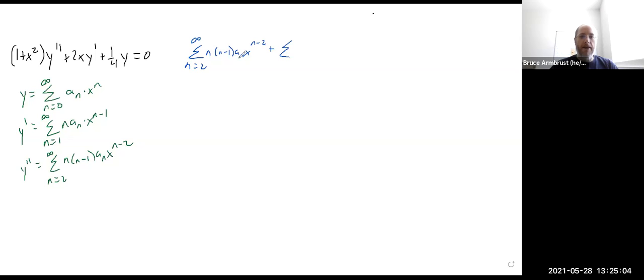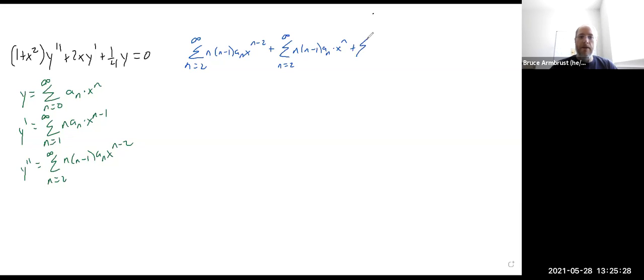But then I'm going to get another one when I distribute the x squared in. And that's going to be, again, from 2 to infinity, n times (n minus 1) times a sub n times x to the n, because the x squared times x to the n minus 2 brings me to x to the n. So there are those two pieces.